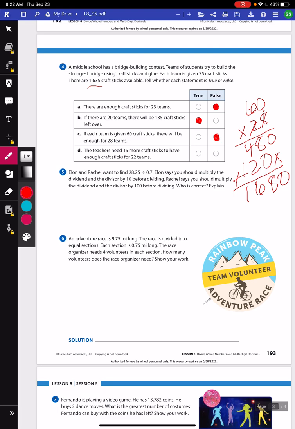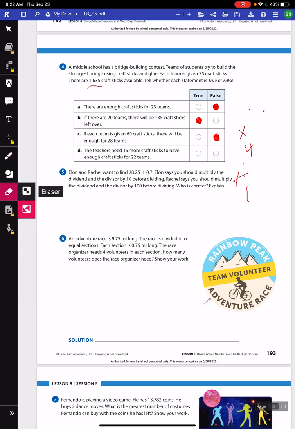All right, the teachers need 15 more craft sticks to have enough craft sticks for 22 teams. So for 22 teams, let's see.